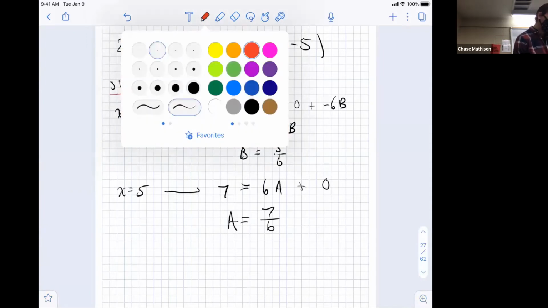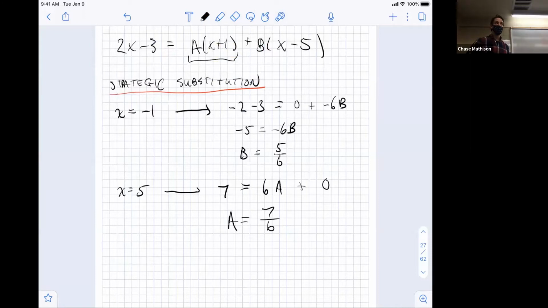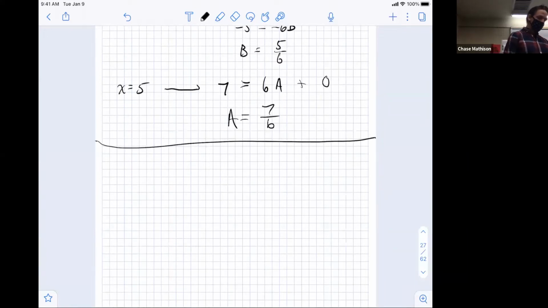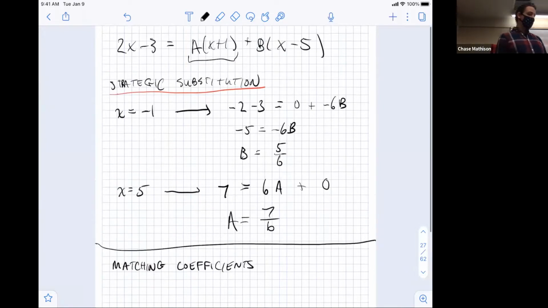Now, there is another way to solve for these, and it's also going to be important to know. The other way to solve for these is called matching coefficients. To do this method is exactly what it sounds like. I'm going to match up the coefficients.